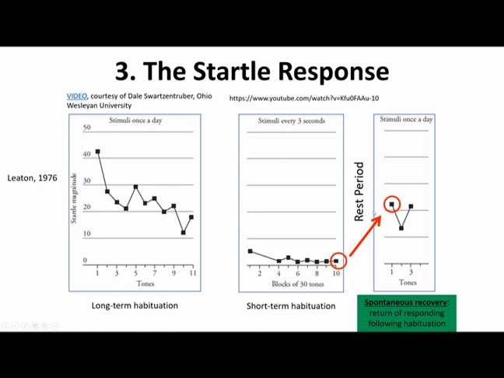So because of this break period, they kind of go back up to higher startle magnitude, a more intense response than what we had seen previously because of that break.